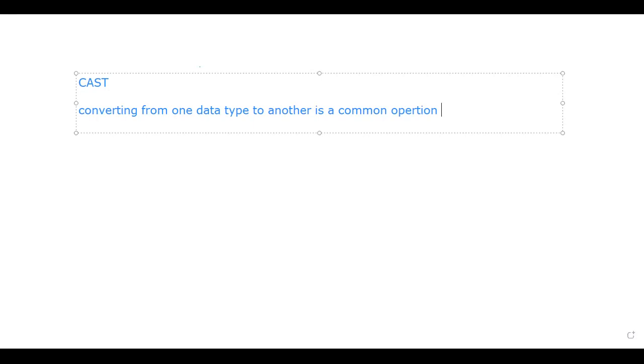And SQL provides a useful utility known as cast to achieve this. So we will see how this works. What is a cast function, and how do we define it?